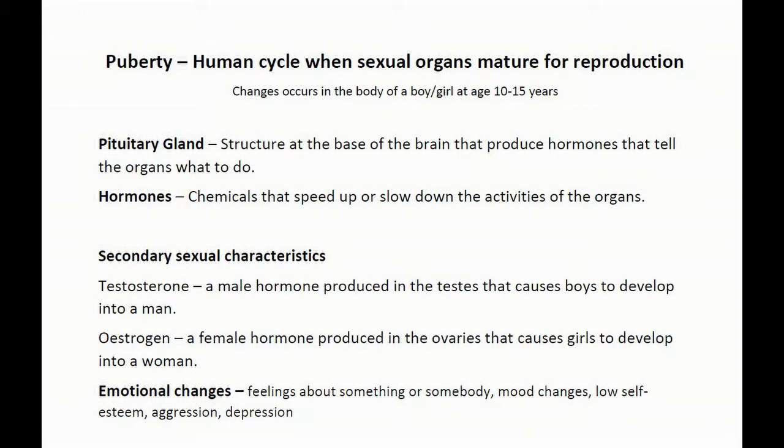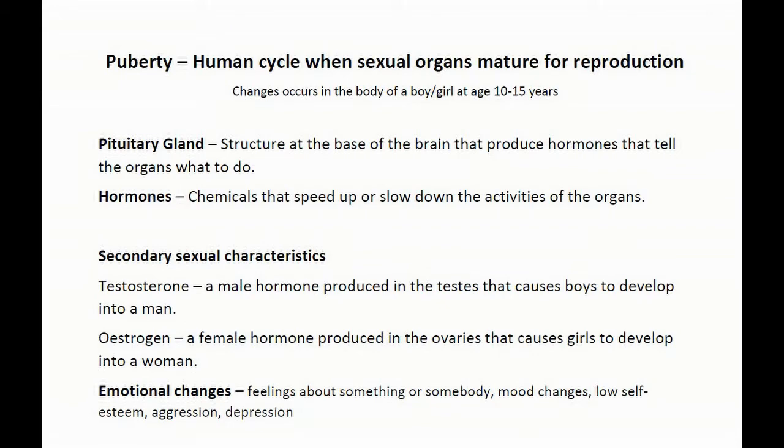Hormones are chemicals. These chemicals either slow down or speed up the activities of the organ. So when you see your heart beating faster, it's a hormone or a chemical that is telling the heart to beat faster. That is the function of hormones.